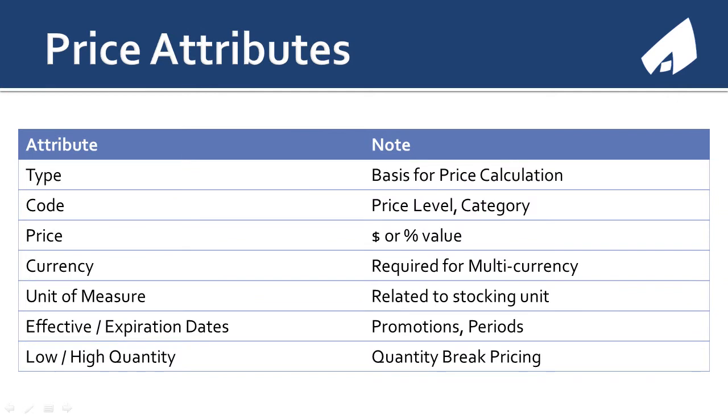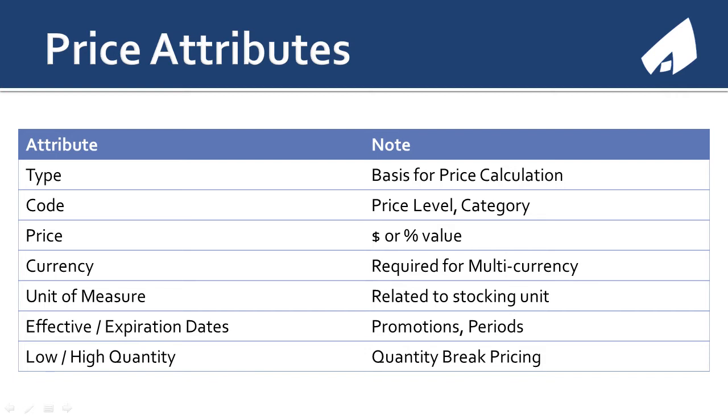When setting up your pricing, we have multiple attributes available. The price type is the basis for price calculation. It tells ACCTivate whether you're taking a discount as a % of some cost, list price, or an actual specific amount. As stated previously, the code itself is what's set up in Configuration Manager prior to adding it to a customer or product.